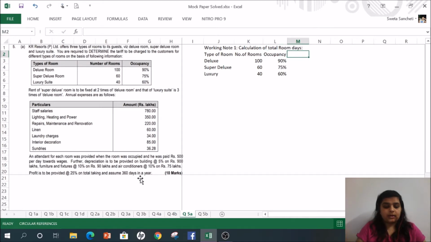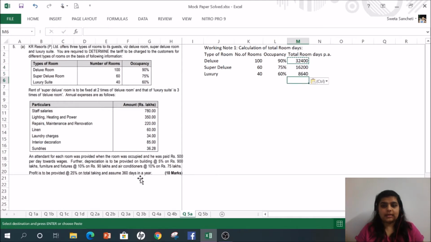So my total room days per annum would be 100 into 90%, that is per day's occupancy, into 360.